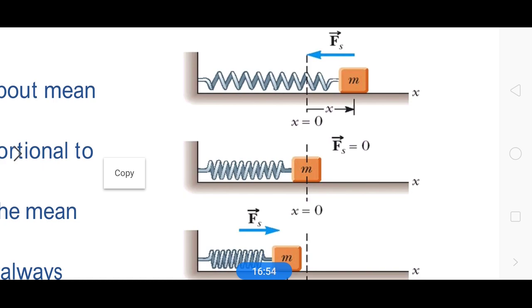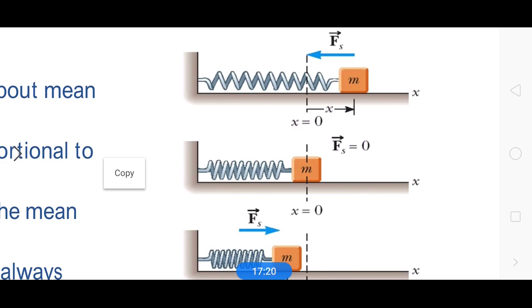In the first diagram, the spring is elongated, so restoring force is acting. The blue arrow is pointing towards the mean position, means it is trying to regain its original size.